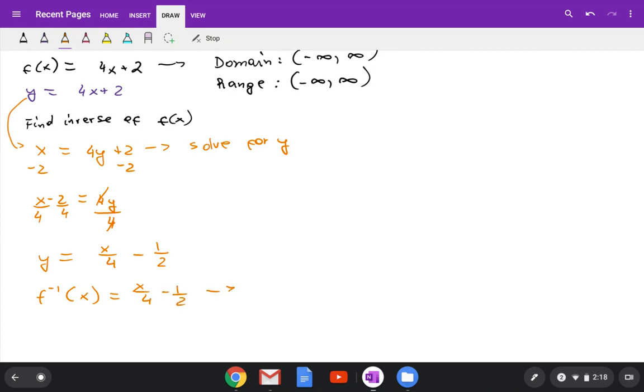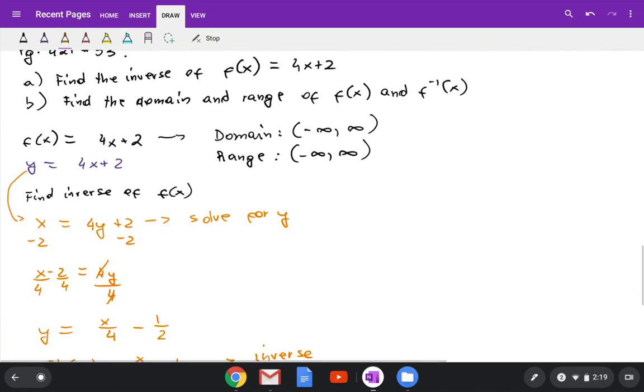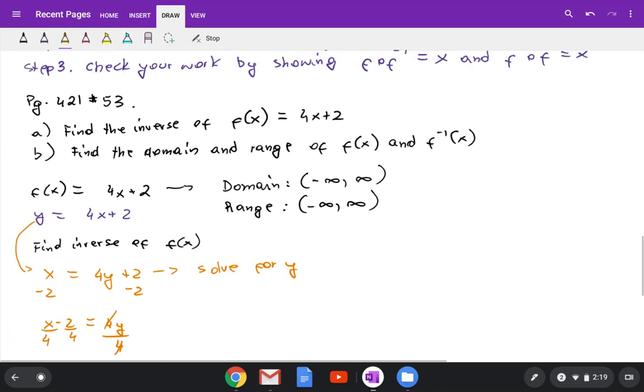Okay, that's our inverse function. So what I did, I followed the steps which I just gave you. I interchanged x and y. I solved the new equation for y, which is right here in orange.